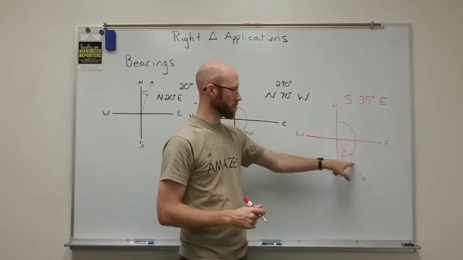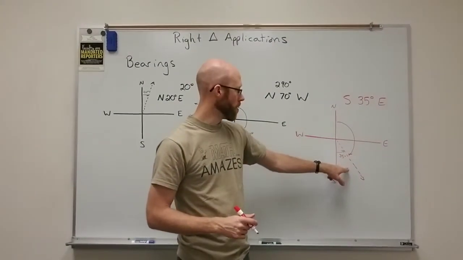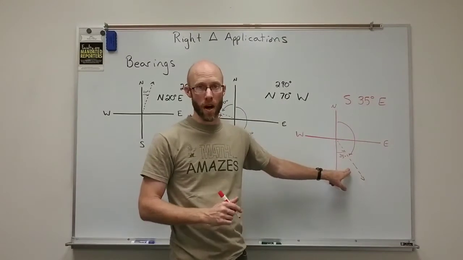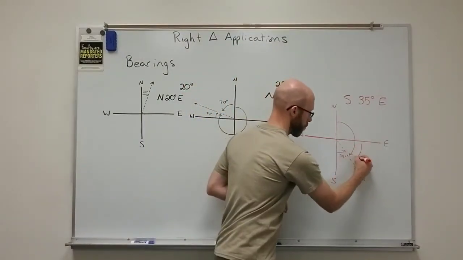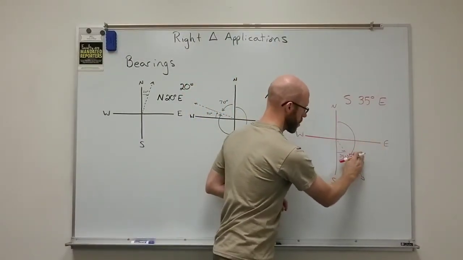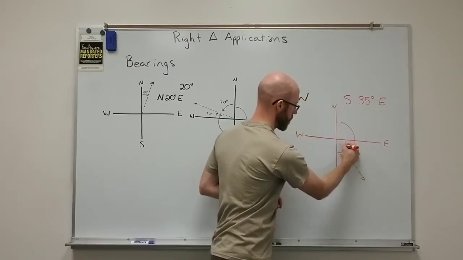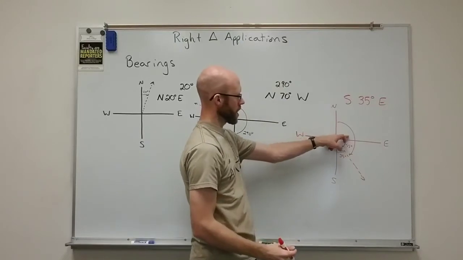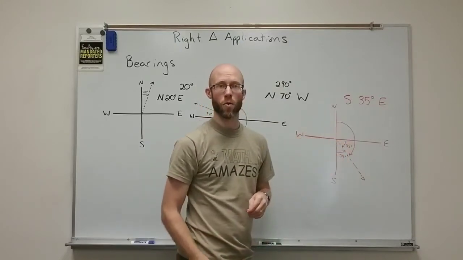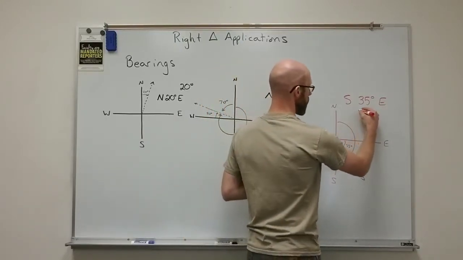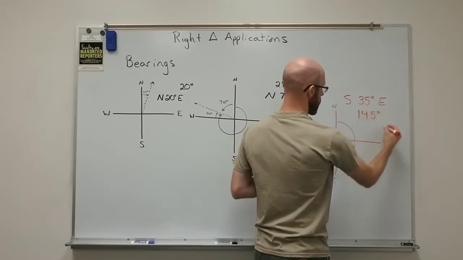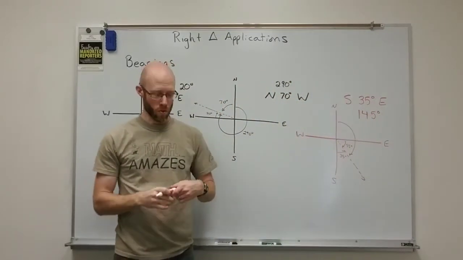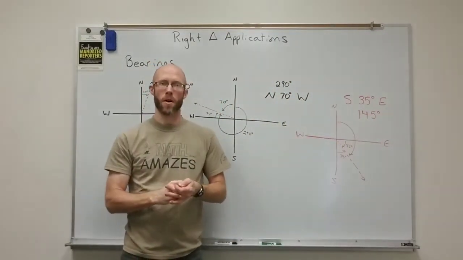Okay, so these two have to be complementary. 90 minus 35 is 55, and so this portion, let's write it in here, is a 55-degree angle, and so 90 plus the 55 would give you 145, so it's a bearing of 145 degrees, okay? So again, two ways to represent bearings.